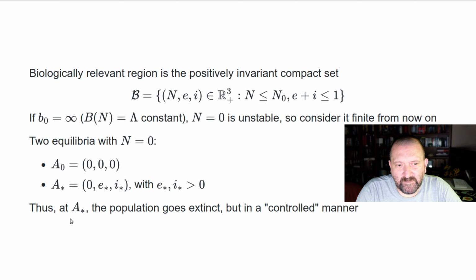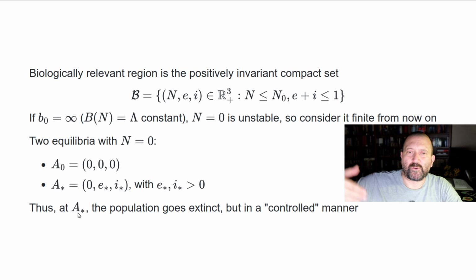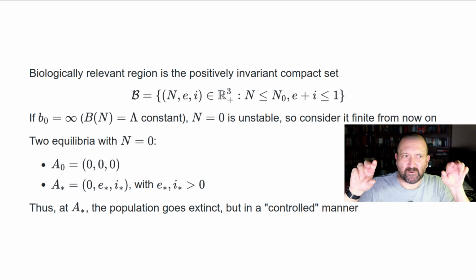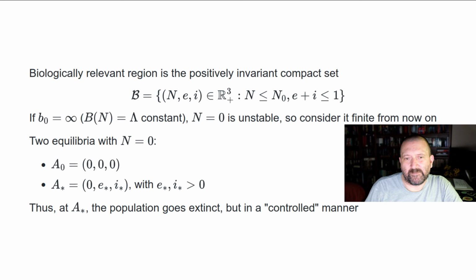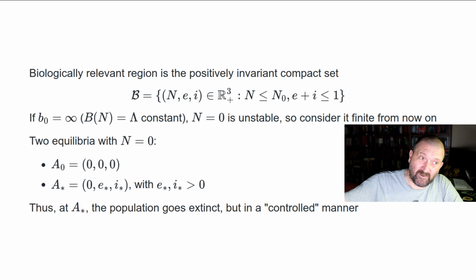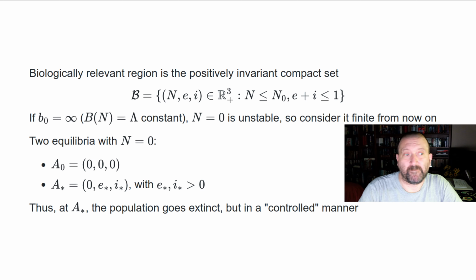And so what happens is when you have this equilibrium there, you're going to zero, but in a controlled manner. Because these quantities E and I are positive, so you are going to zero, but the proportions of E and I in the population are fixed along this decrease to zero.